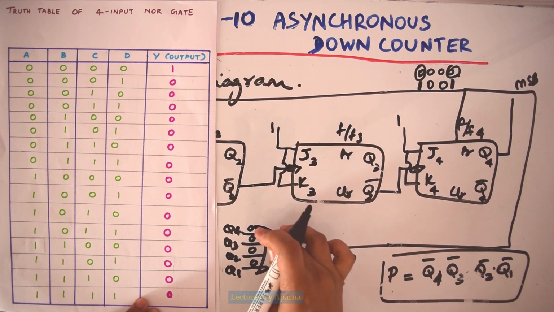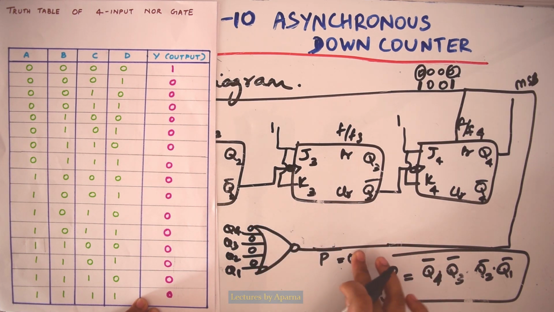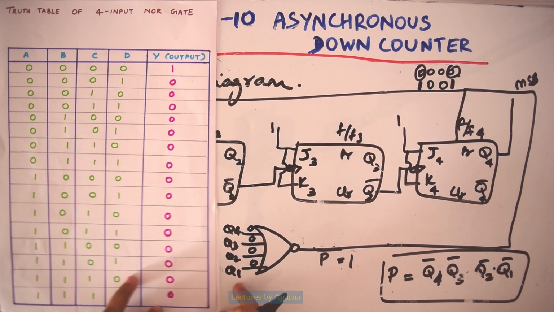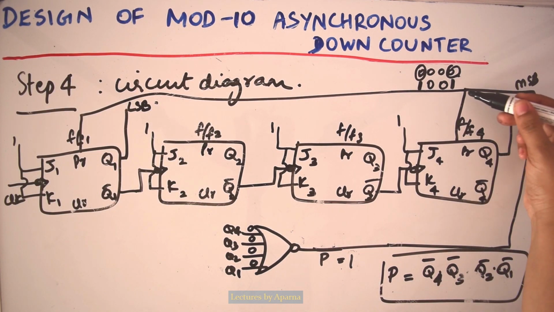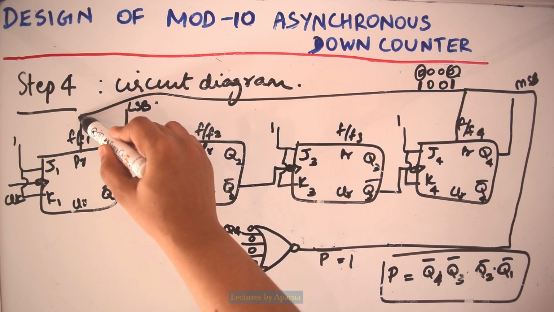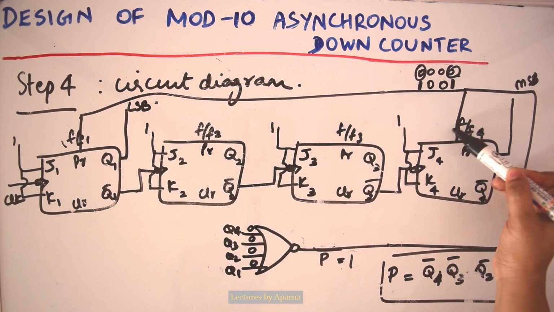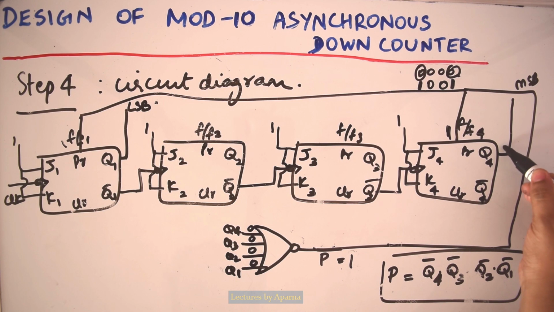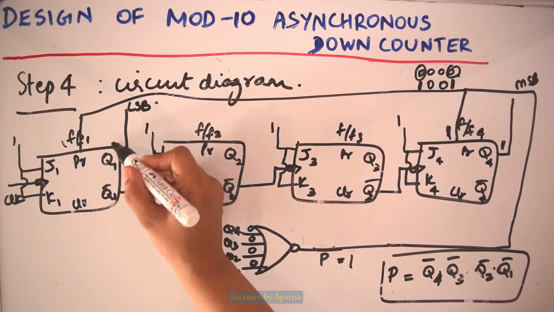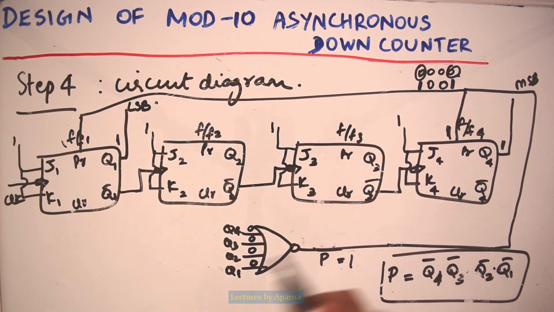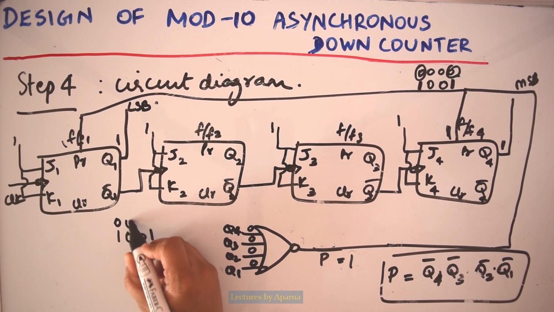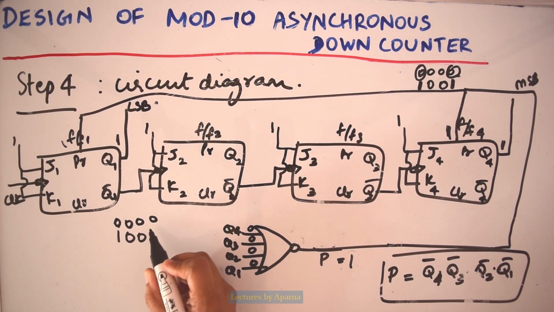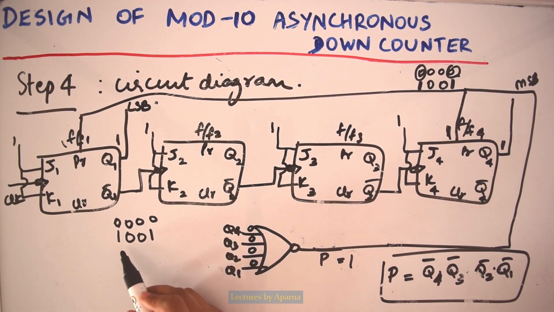But when it reaches the count 0 0 0 0, this preset will become 1. This one is connected to flip-flop 4 and flip-flop 1, and when a 1 comes here, Q4 will be set to 1 and Q1 will be set to 1, which makes the count 1 0 0 1. So from 0 0 0 0, it will go to the count 1 0 0 1.